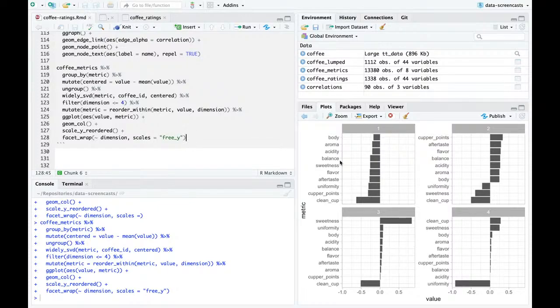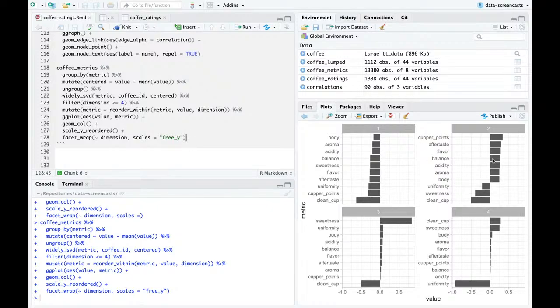Yes, okay. So these are the sources of variation. Even centered, I don't really understand the first dimension, the clean cup couple of points. I don't have a good feel for what this first dimension represents. I always find myself a little confused when I read SVD results.